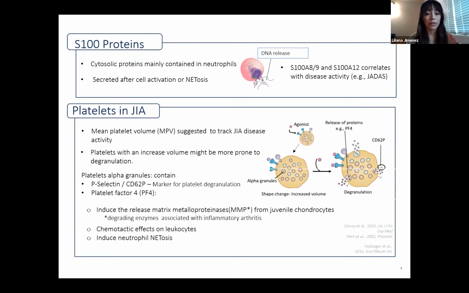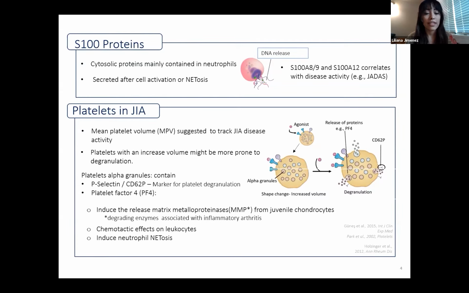Specifically, the heterodimer formed by S100A8 and A9 and the homodimer formed by S100A12 have been shown to be sensitive measurements to track disease activity in JIA. This means that there's a high correlation between the circulating levels of these proteins and other measurements to evaluate disease activity like JADAS, for example.